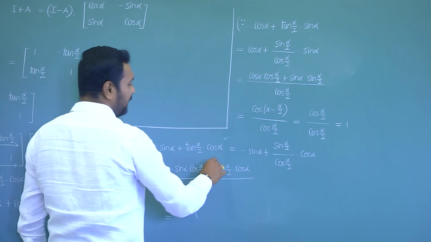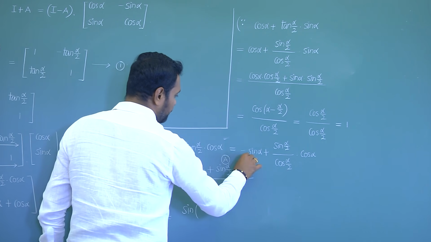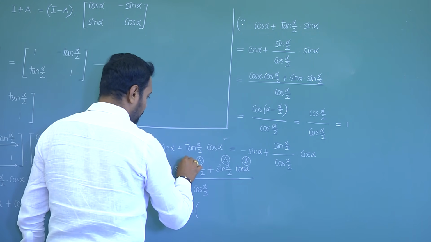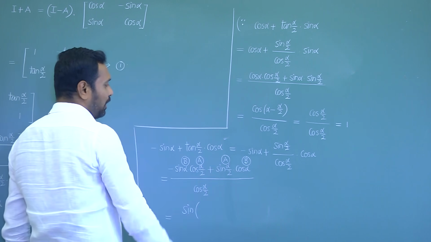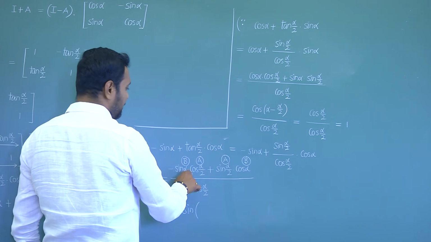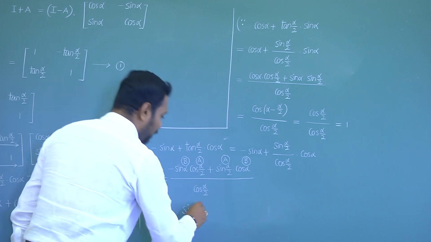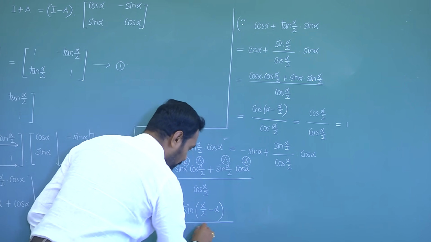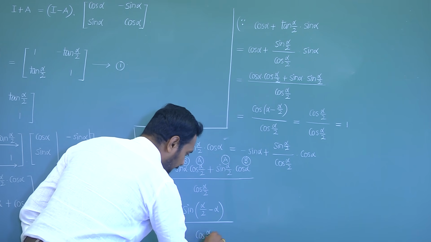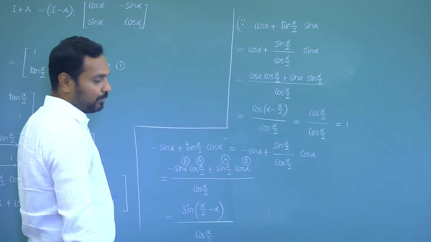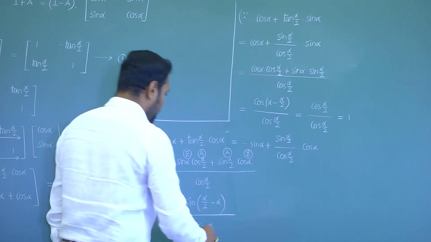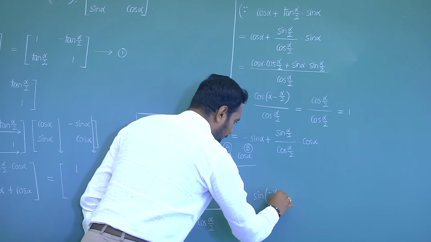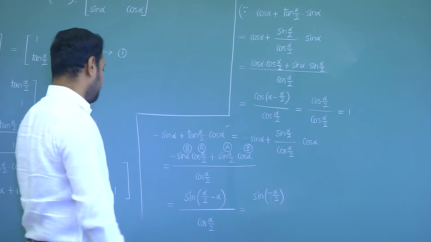Sin of A minus B, where A is alpha by 2 and B is alpha, since the form is sin A cos B minus cos A sin B. So sin of alpha by 2 minus alpha divided by cos alpha by 2. What is alpha by 2 minus alpha? It is minus alpha by 2.